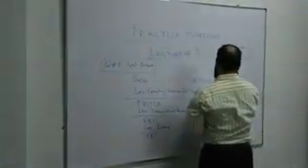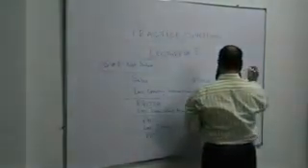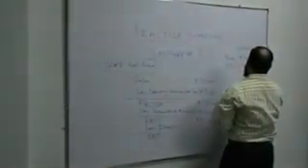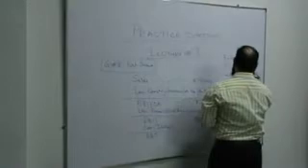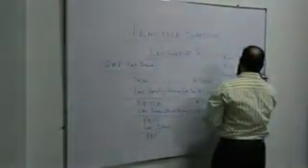Rate of interest is 7.25%. So interest is 16,500 multiplied by 7.25.